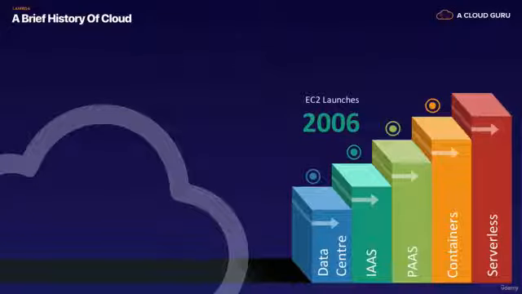So before we go on to what Lambda is, let's talk a bit about the brief history of cloud. We used to always have data centers, and basically all organizations would have their own data centers. Some would use providers like Rackspace, for example, and it would all be physical hardware. When you ordered a server, like a web server, that would actually be a physical server dedicated to you.